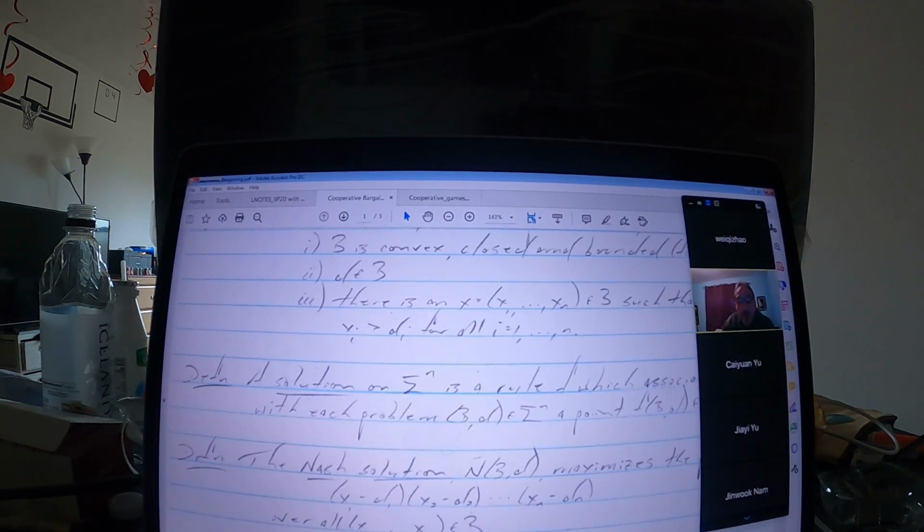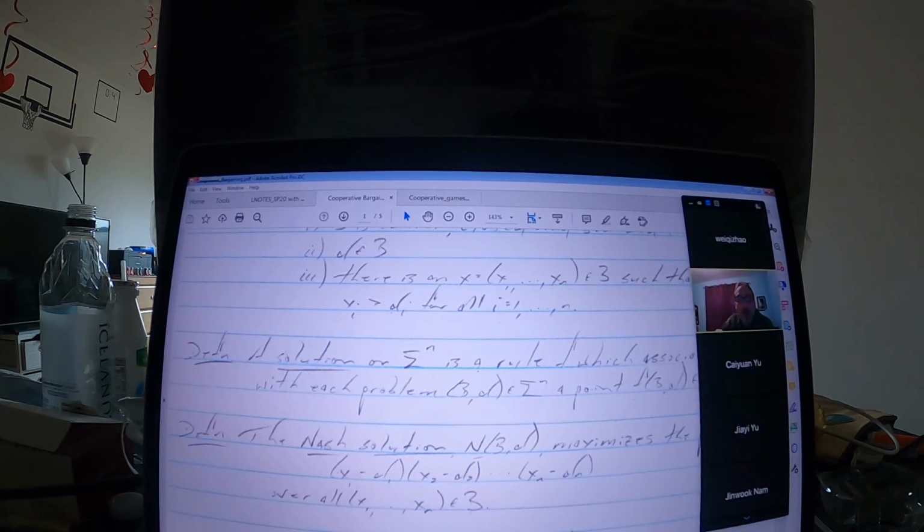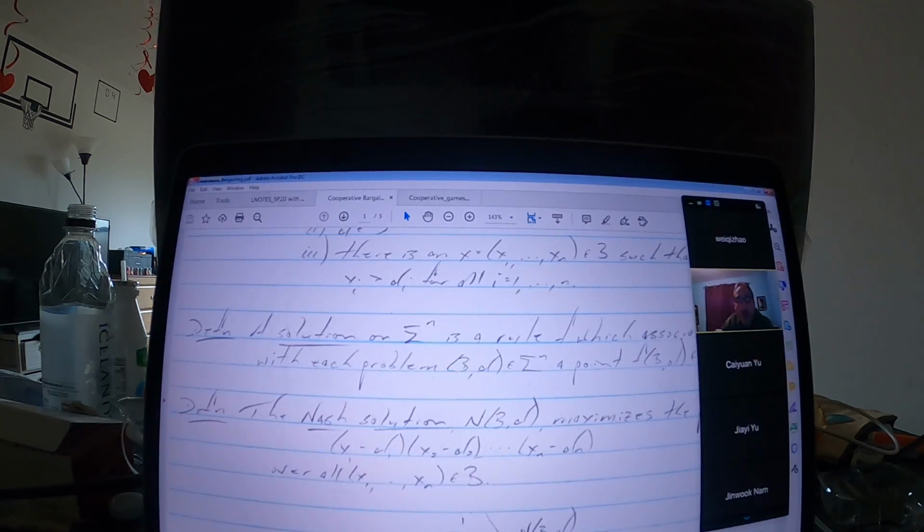Okay, one particular solution, and this was the original solution introduced by Nash when he discussed the cooperative bargaining problem, it's come to be known as the Nash bargaining solution, or the Nash solution. So I'll use N to denote the Nash solution to the problem BD.